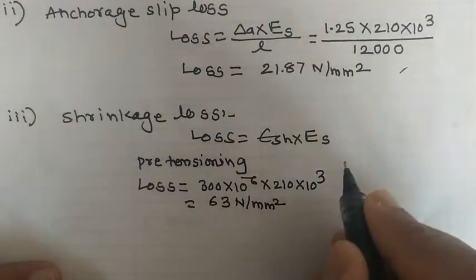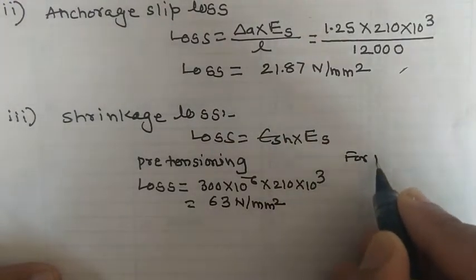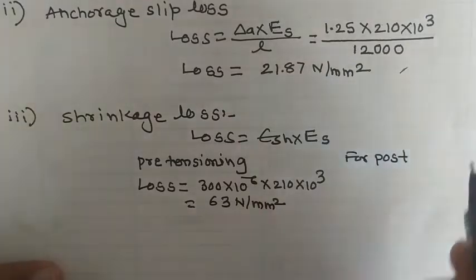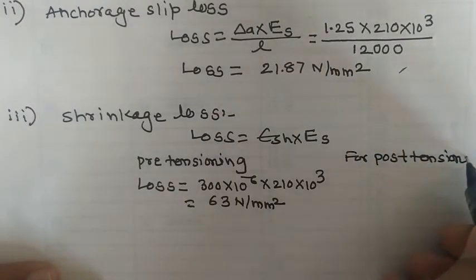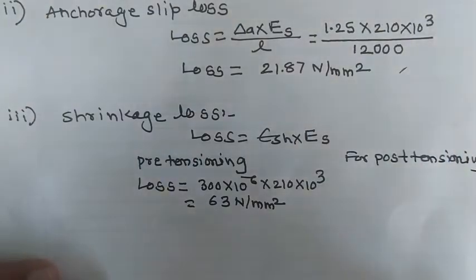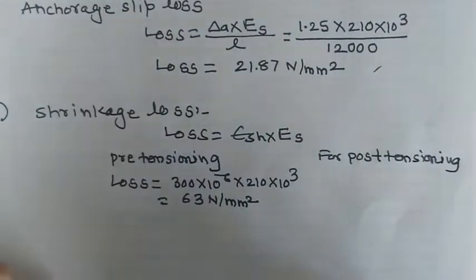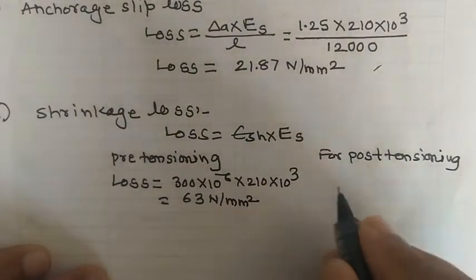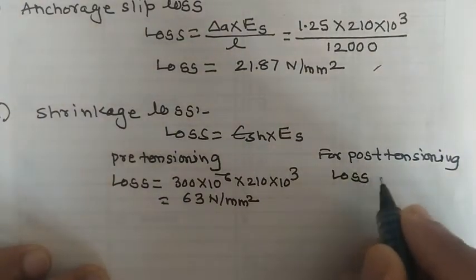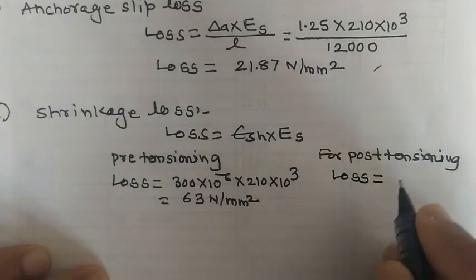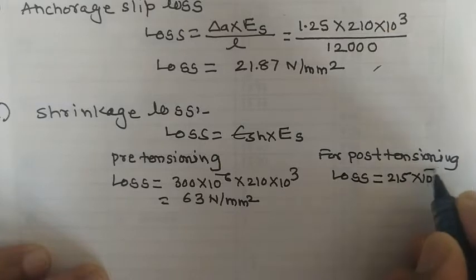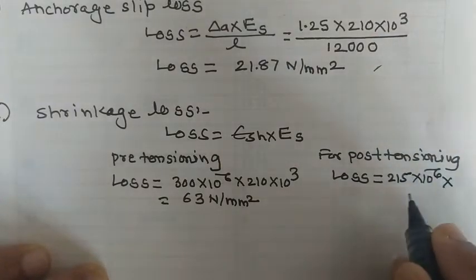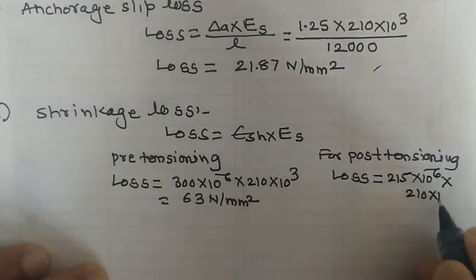And for post-tensioning members, this loss is 215 into 10 raised to minus 6 multiplied by 210 into 10 raised to 3.